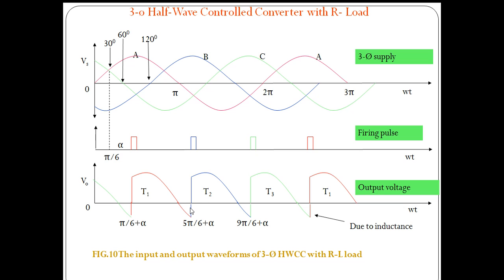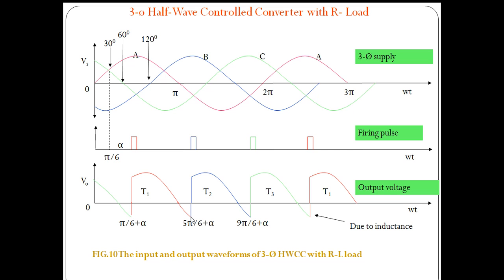But here the load voltage follows the input voltage for a small duration due to the presence of inductance in the load circuit. The inductance will drive the current for a small duration and we are observing the output voltage.